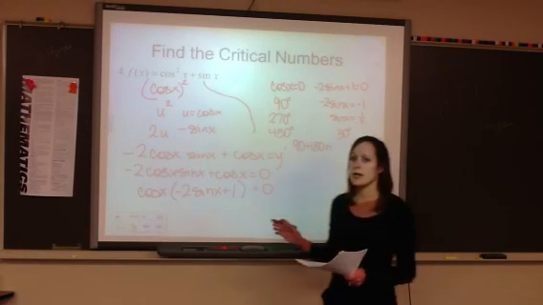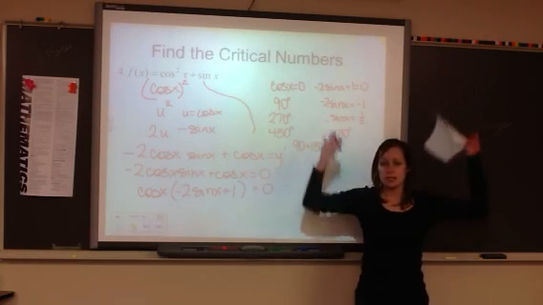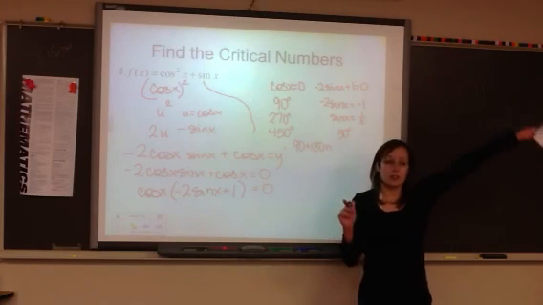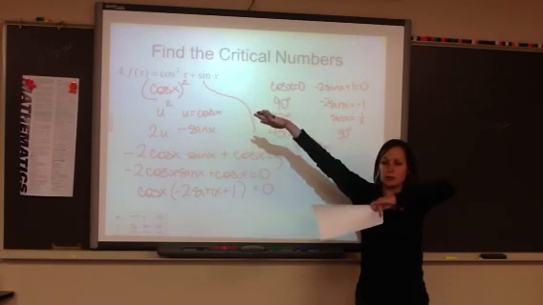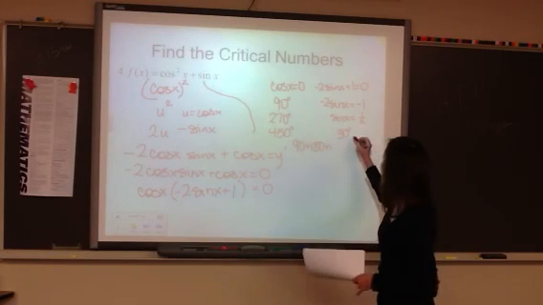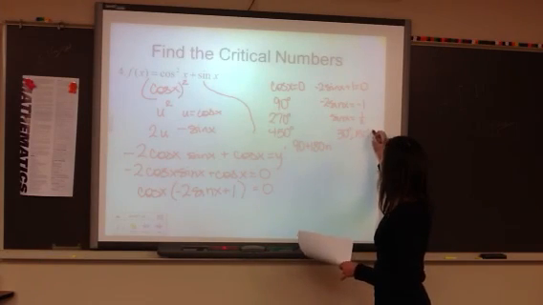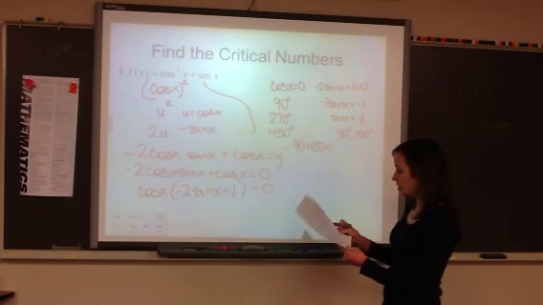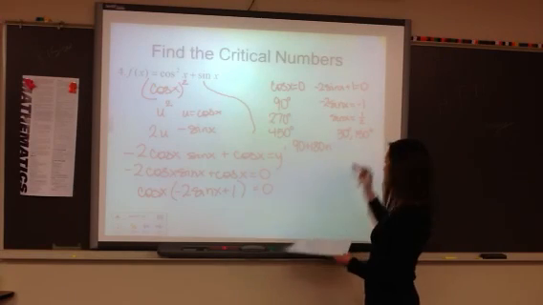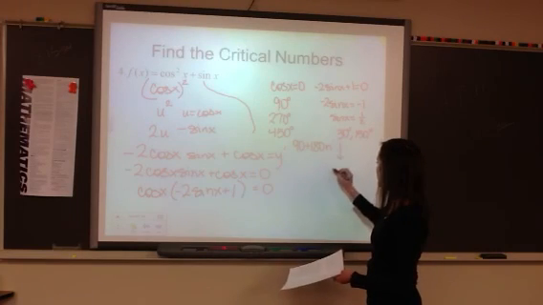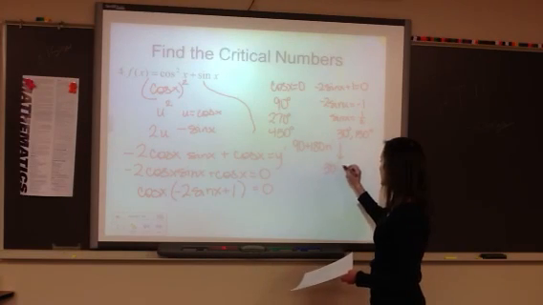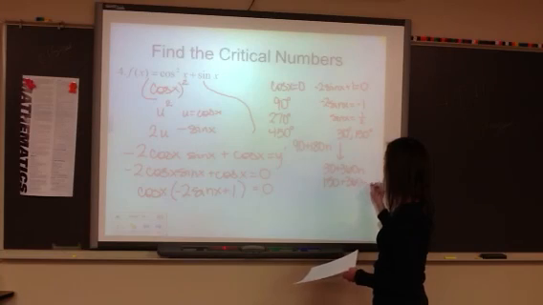Our other quadrant that has a positive sine value is the top 2. So if it's 30 degrees, we're going to have an angle over here as well. And its reference angle is going to be 30 degrees. So you get 150 degrees. And so you just keep adding 360 to those values. So this one's going to have a weird answer of 30 plus 360n and 150 plus 360n. So it has 2 answers on that.